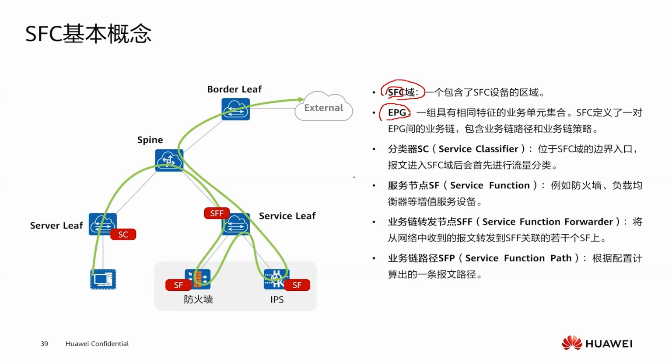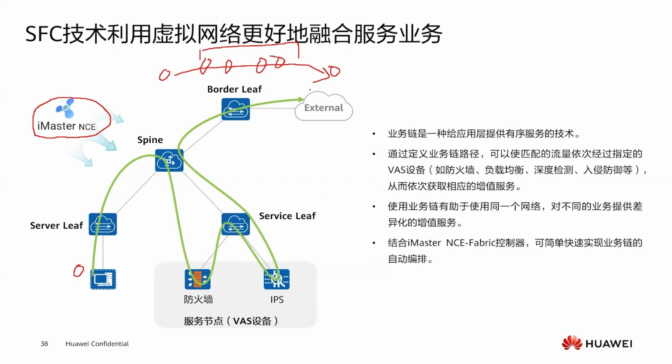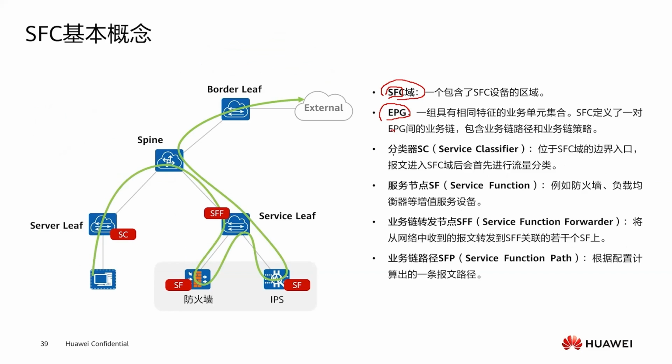How is this done? Let's take a look at some basic concepts, and later we will see how it's implemented. There are many basic concepts, but essentially it's still the same few things, only given a term. What is SFC? Service function chain. You can understand it as VXLAN has its domain, and SFC has its domain.